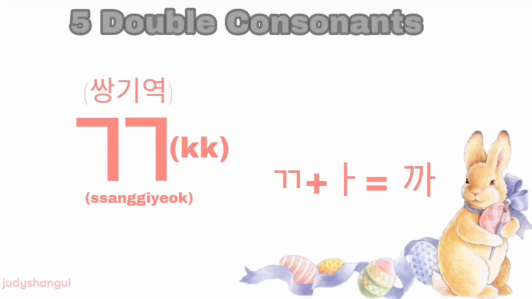It's time to learn 5 double consonants or tensed consonants. 쌍기역. Ssang means pair.